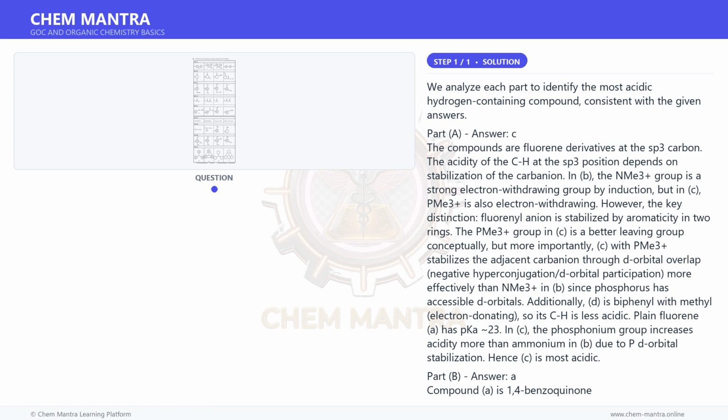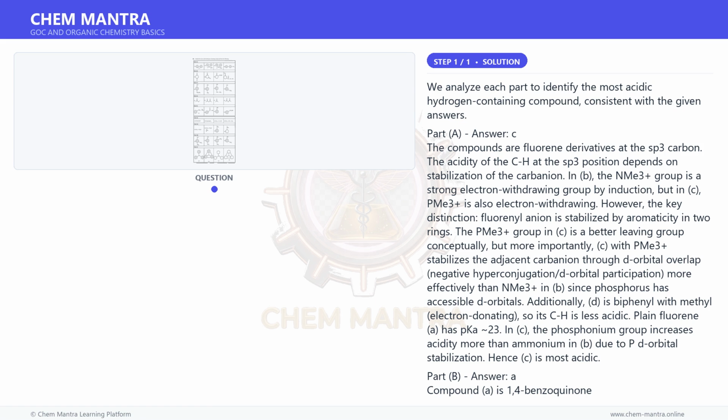Part D. Answer B. Compound A is acetate anion, CH3COO-. This is the conjugate base, so asking about its acidity means the H on CH3 adjacent to the anion, not particularly acidic. B. Acetylacetone, pentane-2,4-dione, has alpha CH2 between two carbonyls, pKa 9.